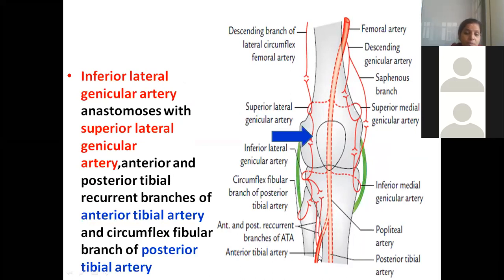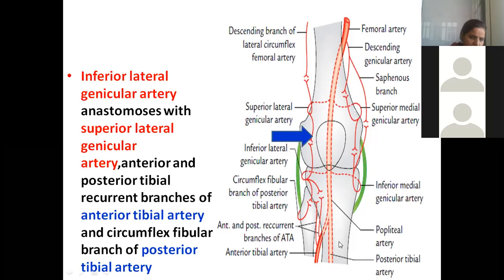Anterior and posterior tibial recurrent branches. Now you can see this is the tibial. You are finding one branch coming in front and one branch going behind. Anterior tibial recurrent, posterior tibial recurrent branches of the anterior tibial artery, and also from fibular artery, actually. Here fibular artery, peroneal or fibular, is not shown. Only two are shown, anterior tibial artery and posterior tibial.